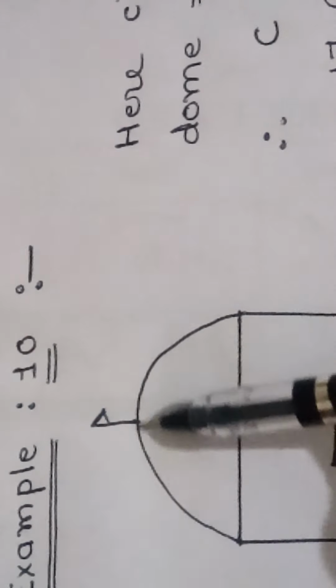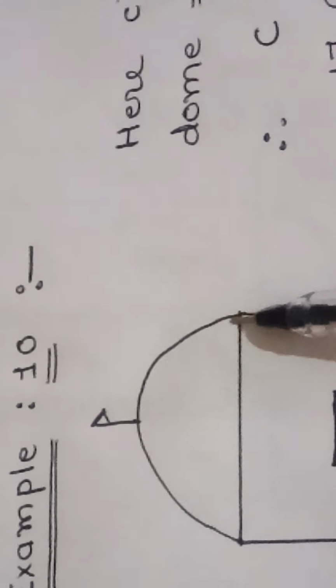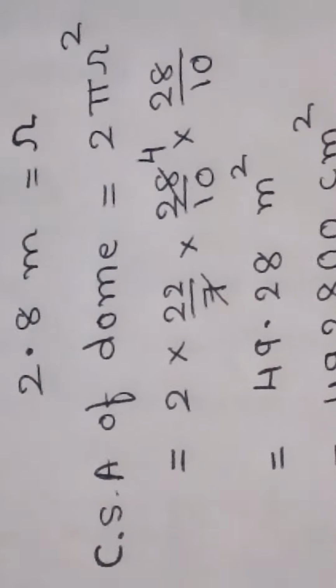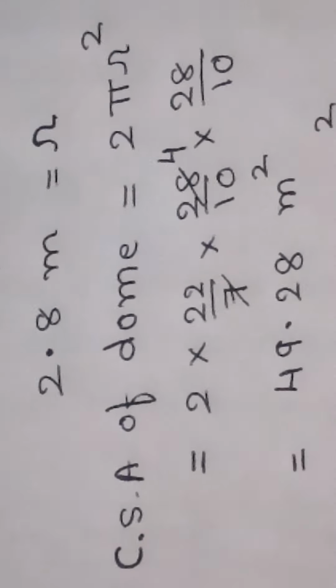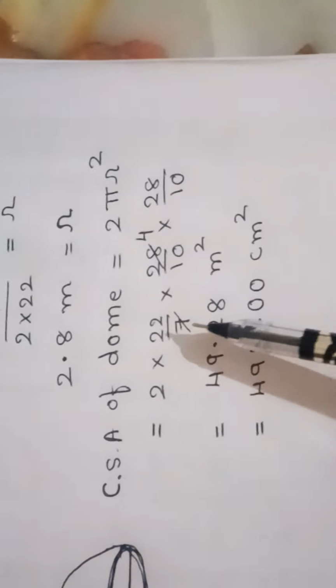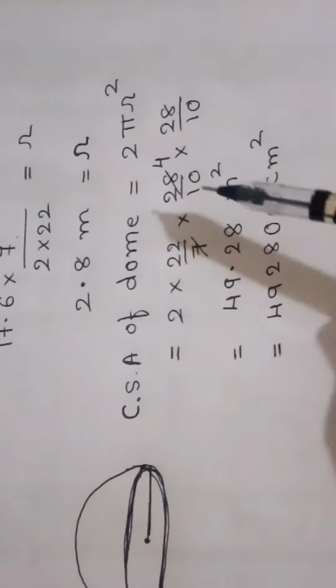Now as this is a hemisphere, the surface area of a hemisphere is 2 pi r square. So here the CSA of the dome is 2 pi r square, that is 2, the value of pi 22 by 7.